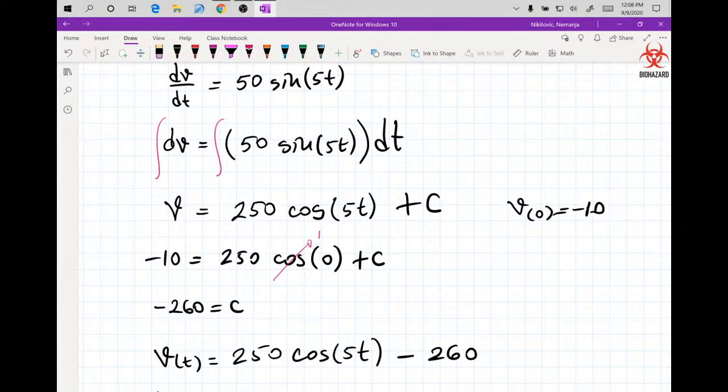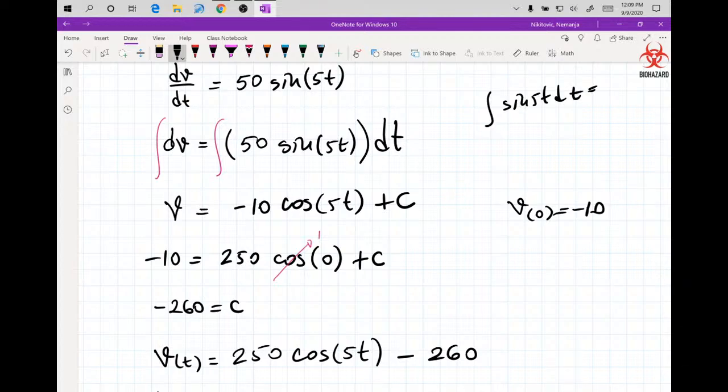Integral of sine is negative cosine, so this becomes negative 10 cosine 5t plus c. Because the integral of sine of 5t is negative cosine 5t over 5 plus c.